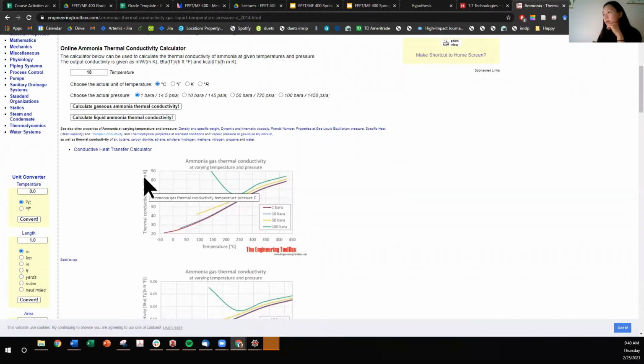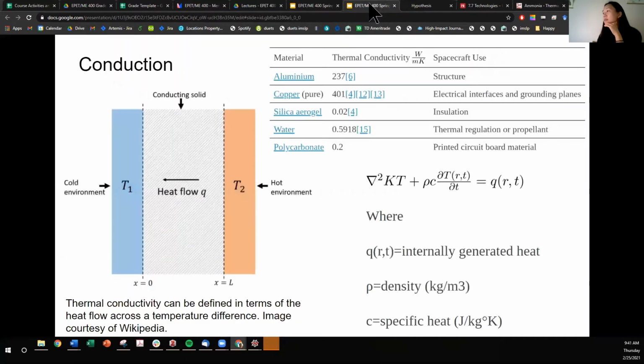Milliwatts per millikelvin. Let's say at 300, which is room temperature, it's about 1 bar, 65. Yeah, so 65 is like 2 orders of magnitude more than water.